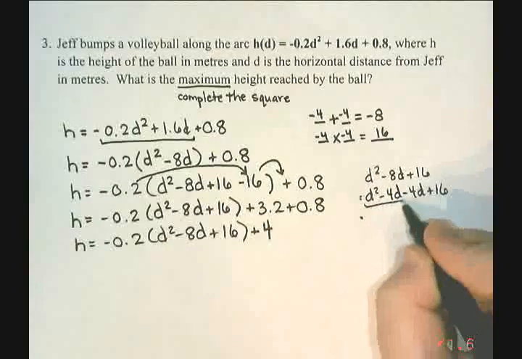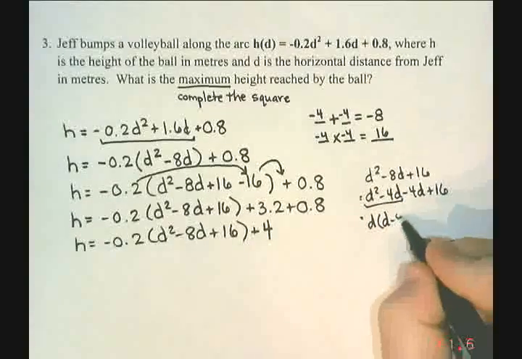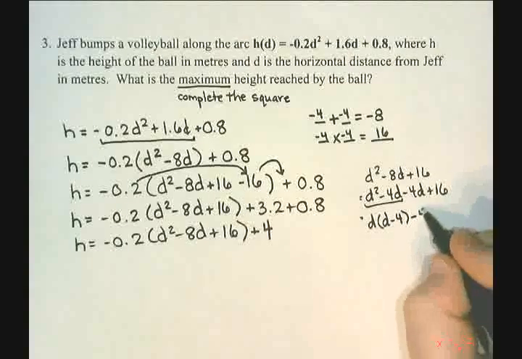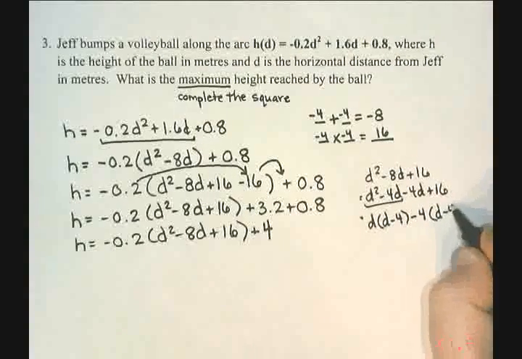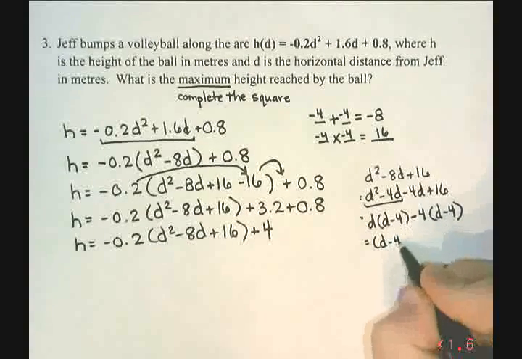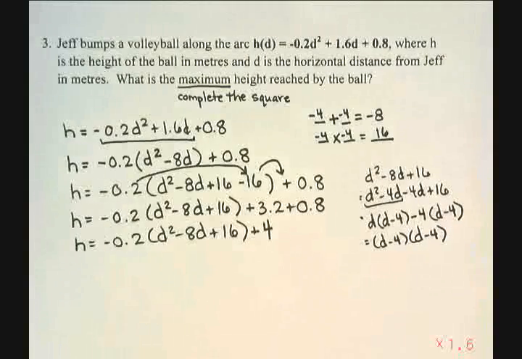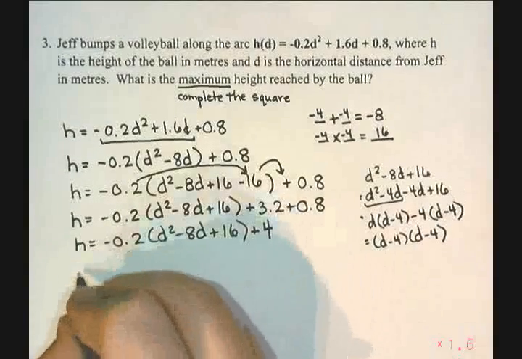Out of the first pair, I can remove a d, and I am left with d minus 4. From the second pair, a negative 4, and I am left with d minus 4, which leaves us with d minus 4, d minus 4, which is the same thing as d minus 4 squared.